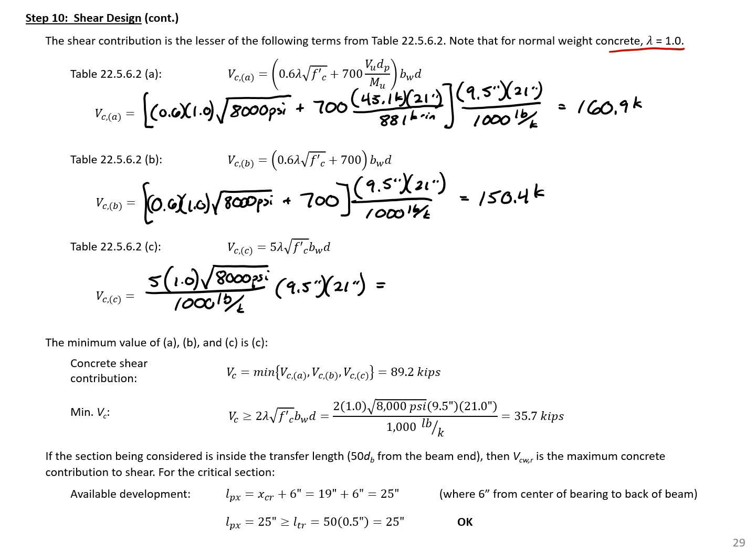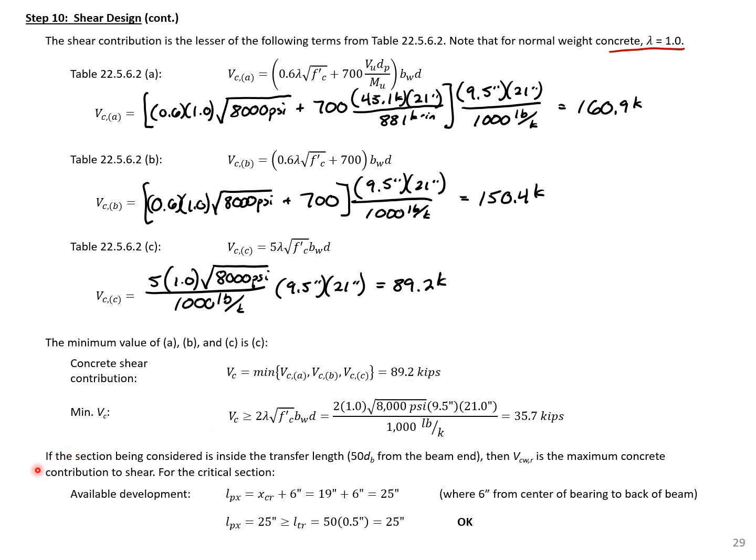That'll give us a value here of 89.2 kips. So we can see that 89.2 is the minimum of these three values. Our V_c is equal to 89.2, and 89.2 is greater than our minimum V_c, which is 35.7. So our V_c moving forward will be 89.2.